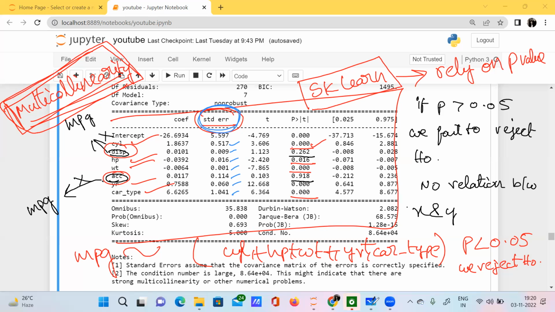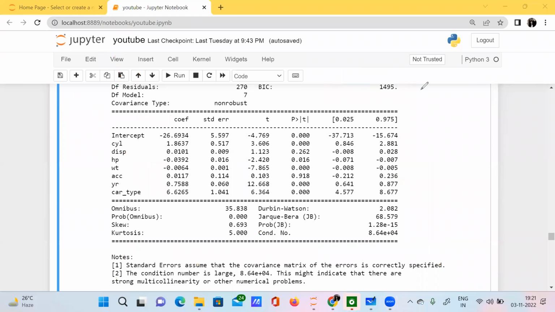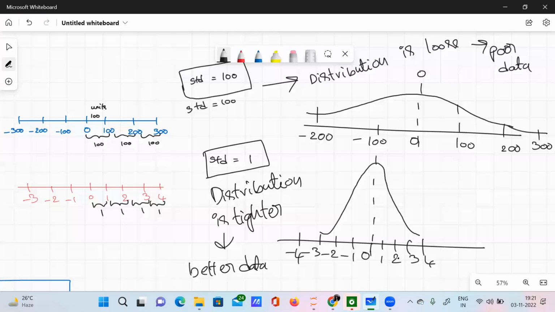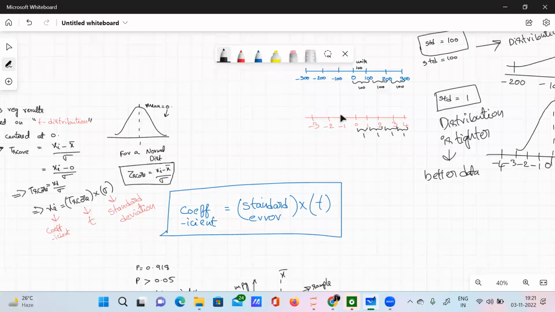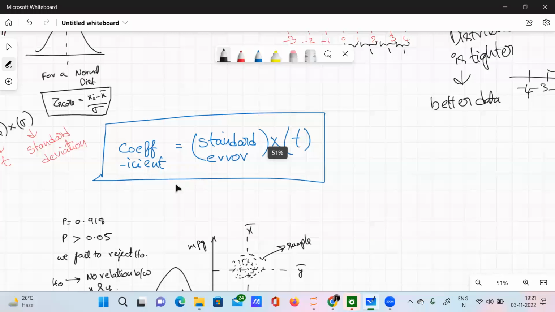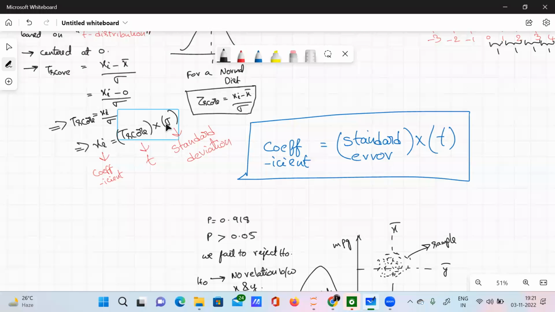What do you mean by standard error? Just go here, and I have explained what is meant by standard error. That's nothing but the standard deviation, right? That is the sigma, right?